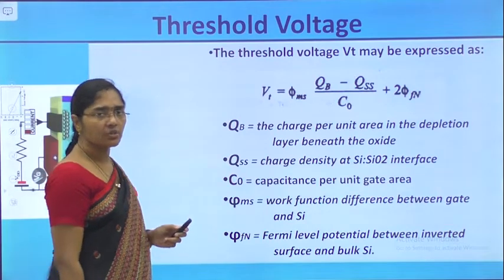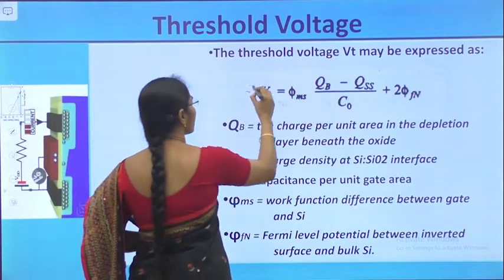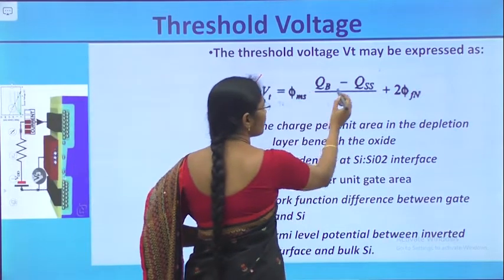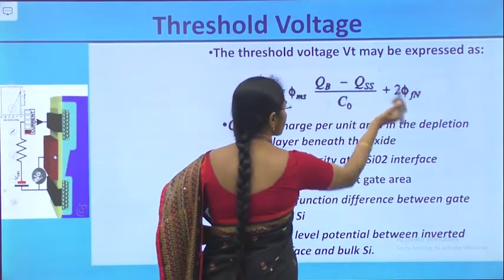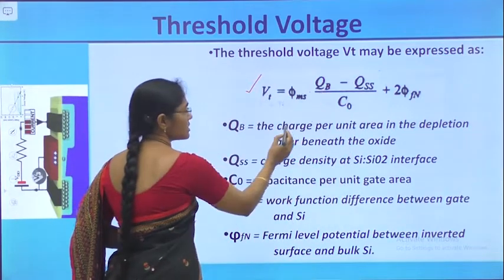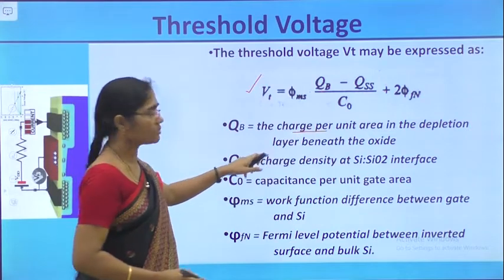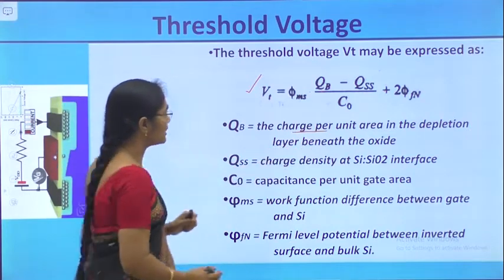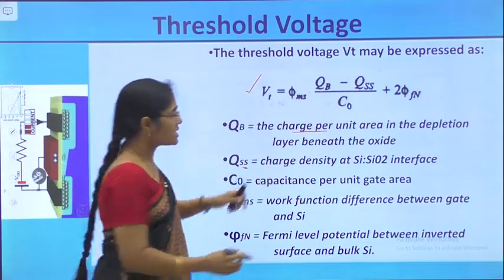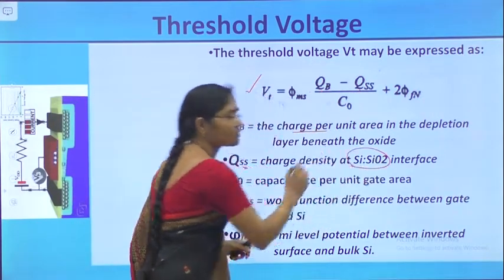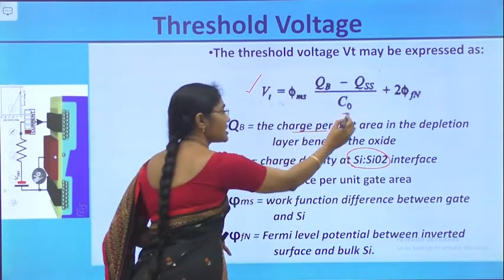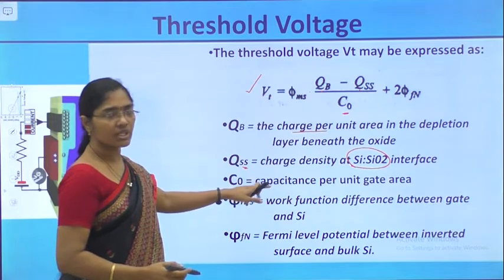The mathematical equation for this can be modeled as VT is equal to phi ms minus (QB minus QSS) by C0 plus 2 phi Fn, where QB is the charge per unit area in the depletion layer beneath the oxide. QSS is the charge density at the SiO2 interface, that is at the channel part, and C0 is the capacitance per unit gate area.